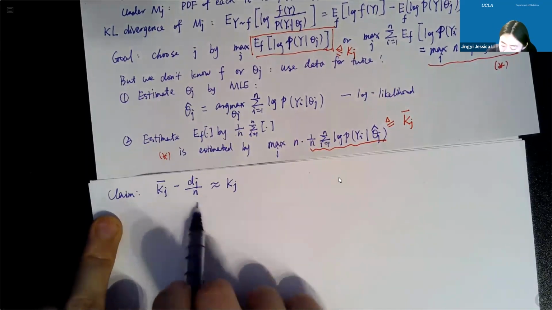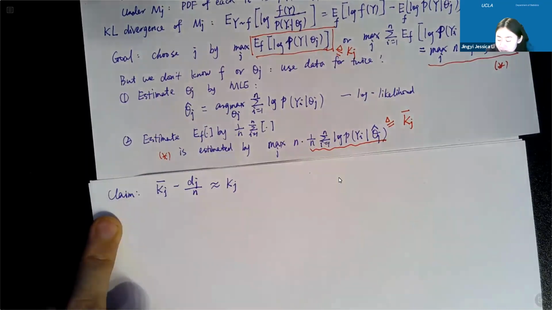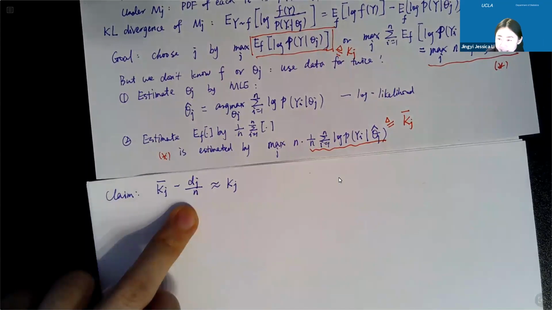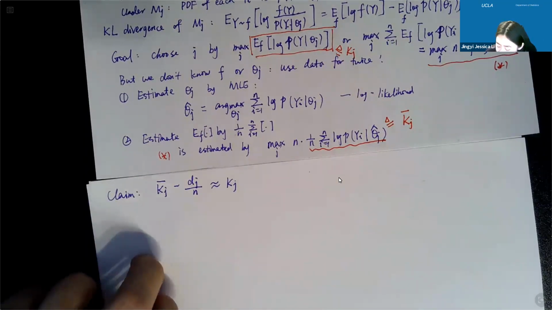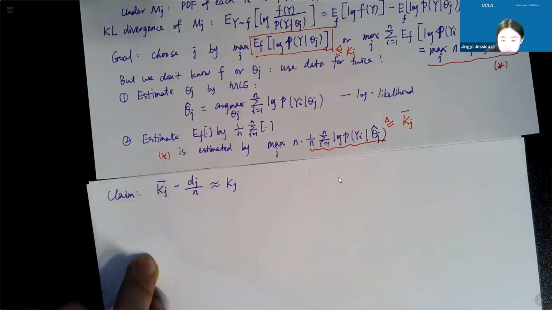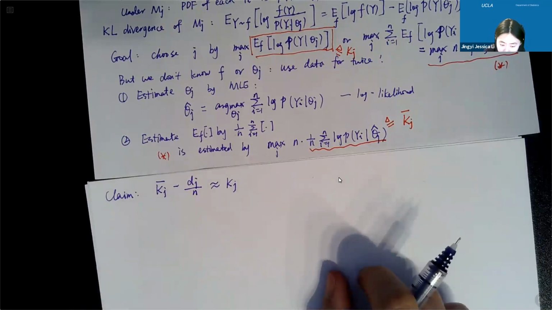And the larger the sample size, the smaller the bias. So you can see from this definition that AIC is a criterion for small sample size, because if your n is big enough, this correction is not effective anymore. And we're going to see a corrected version, AICc, later.